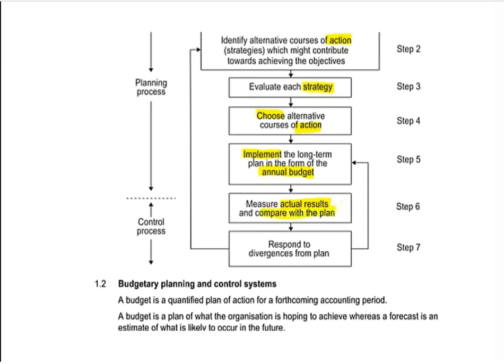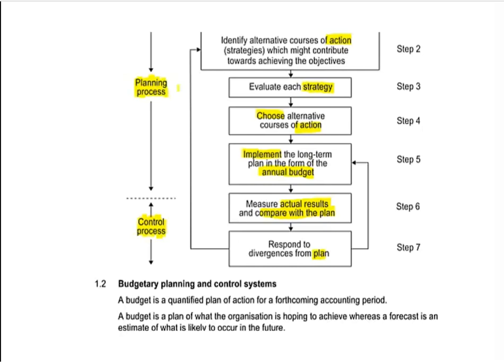So having a look at variance analysis, and then thinking about any reasons why the plan didn't quite work out as we'd imagined. So these final 2 steps are part of the control process, but we've got budgeting as the final step in the planning process.